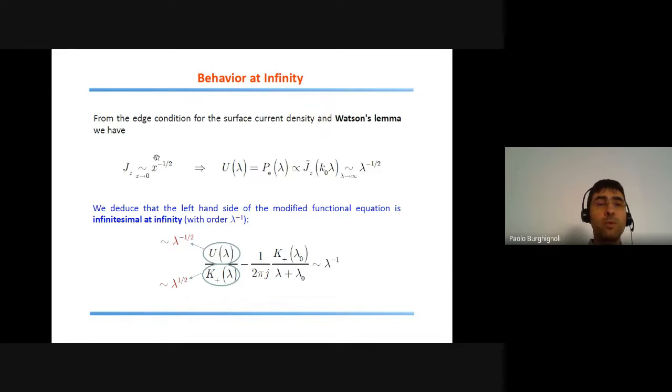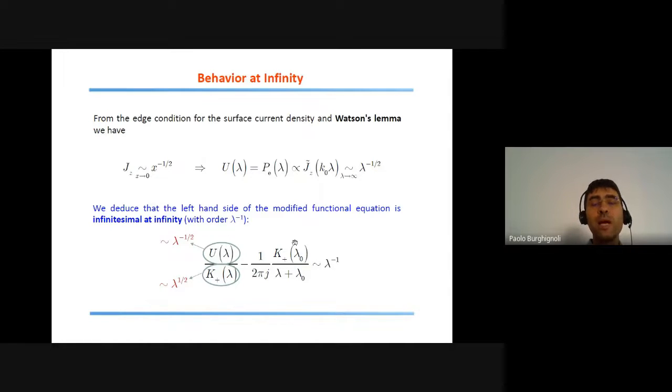But we know the behavior of the current near the edge from the edge condition that tells us that for a perfect conductor, we have a behavior like x to minus 1/2. So by Watson's lemma, we will have that the spectral function J tilde, and therefore also the spectrum u, will go at infinity as lambda to minus 1/2.